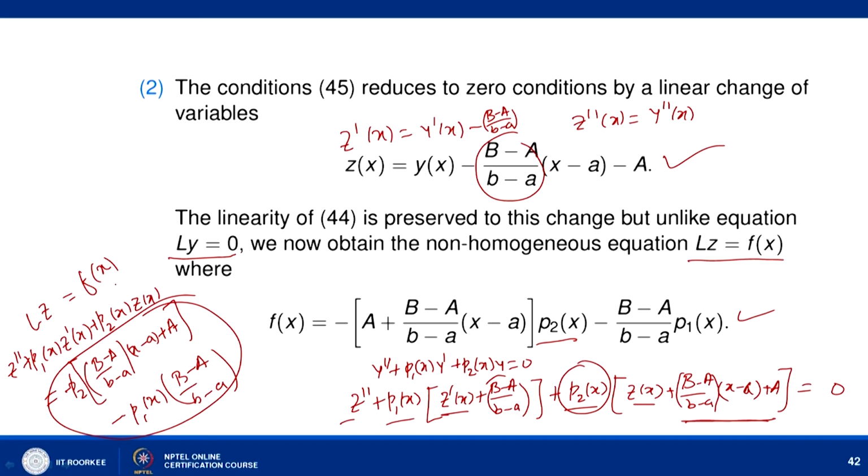When we make this change, we have a non-homogeneous equation with homogeneous boundary condition. That is what we have seen here. So now we should know how to solve this non-homogeneous equation with homogeneous boundary condition.